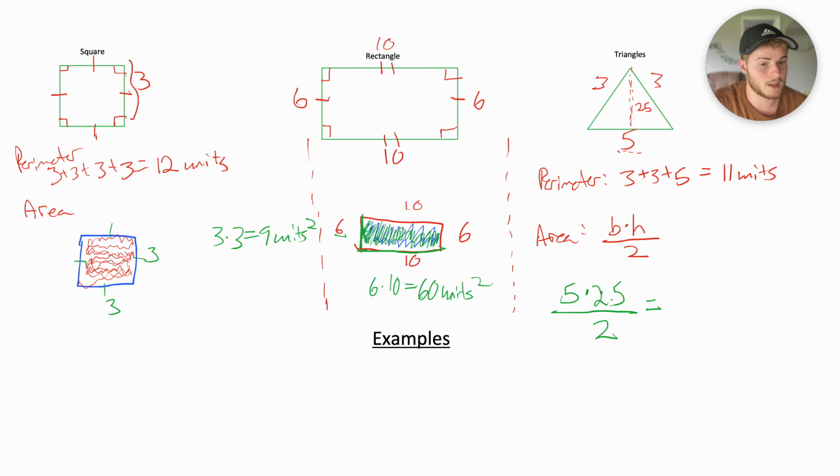But we know that 5 times 2.5 is 12.5. Then we're going to divide that by 2, which is 6.25 units. And then we'd say squared. Your teacher might want you to write out squared. I'm just going to put the little 2 above the units. It says the same exact thing, and that should probably be acceptable on your test as well.